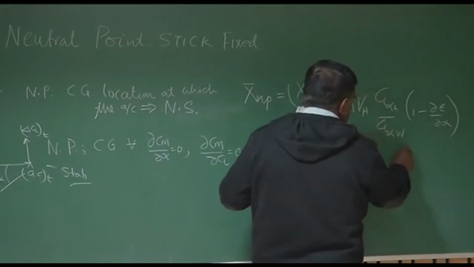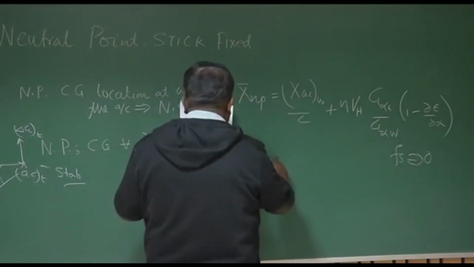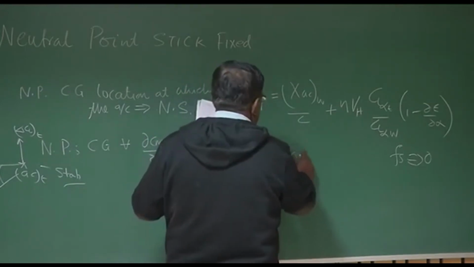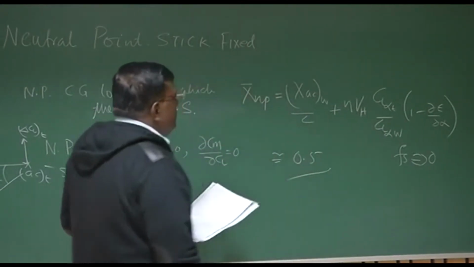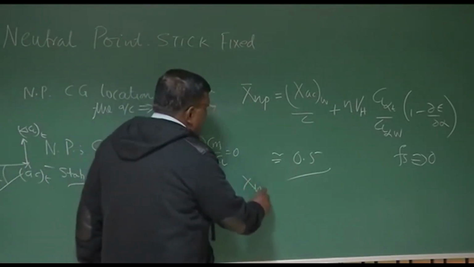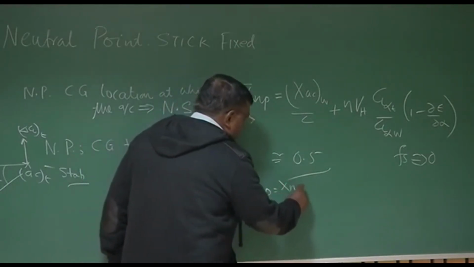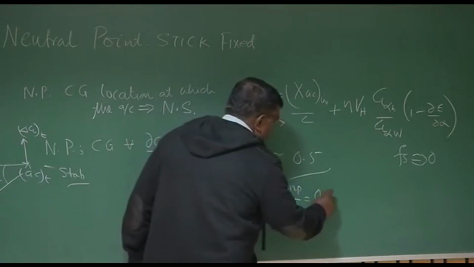We have neglected fuselage effect altogether here. So if I put this number, I should get this value around 0.5. So simple. So once you get xnp by c, which is xnp bar, equal to 0.5.